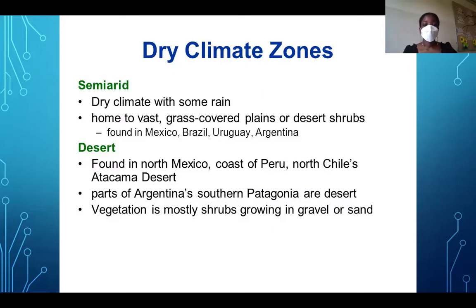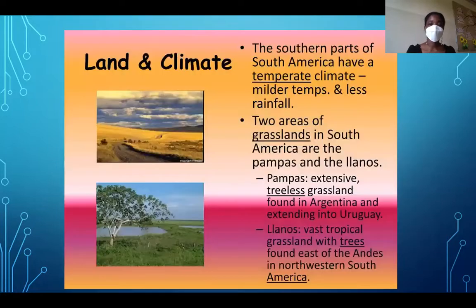The Atacama Desert, so in North Chile, there is a desert called Atacama. Part of Argentina, southern Patagonia, is desert. So some part of Argentina has a desert. Vegetation is mostly shrub growing in gravel or sand. Okay, guys. All right, so this is the land and climate.